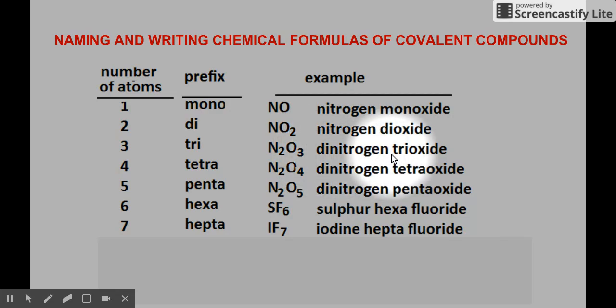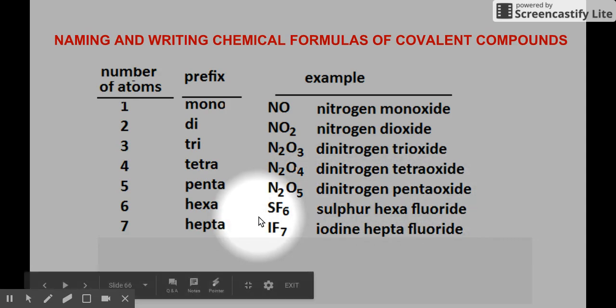And since it's 3, that becomes trioxide. N2O4 becomes dinitrogen tetraoxide because there are 4, and then IDE ending. Fifth example, we have N2O5, so that becomes dinitrogen again, and since it's 5, that's pentaoxide.